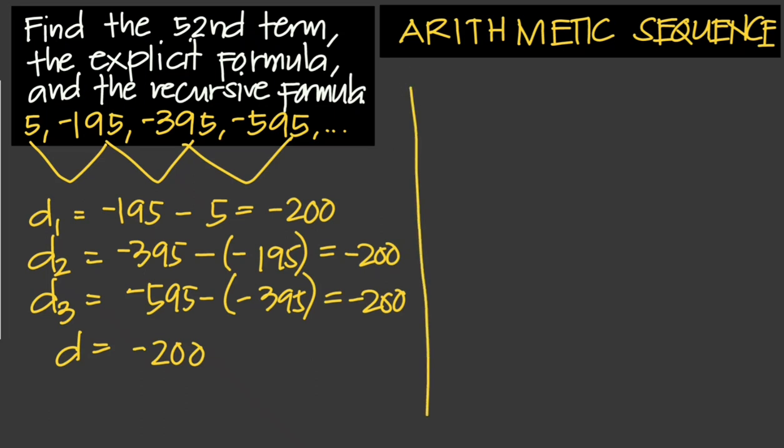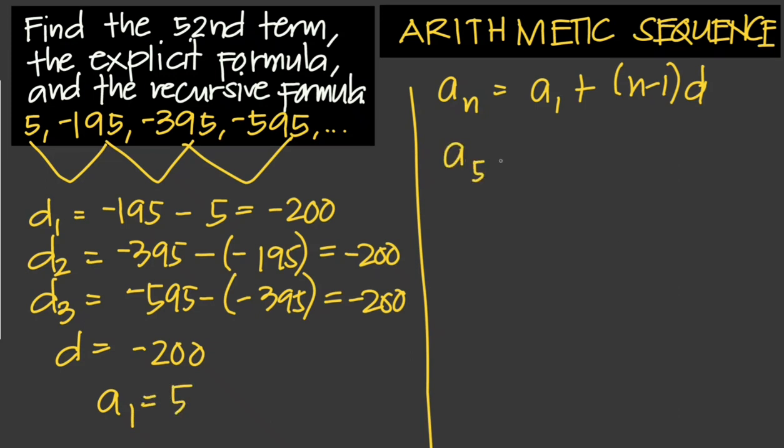Now let's solve for our 52nd term, using the same method we used in the previous problem. So a sub 52. We use the explicit formula here: a sub n equals a sub 1 plus n minus 1 times d. Our a sub 1 here is 5. So our 52nd term is 5 plus 52 minus 1 times negative 200.